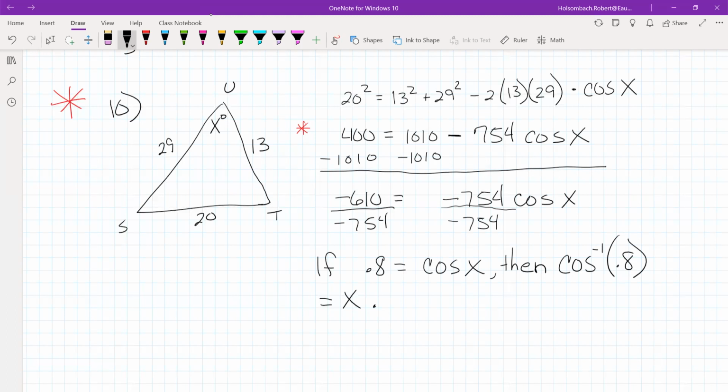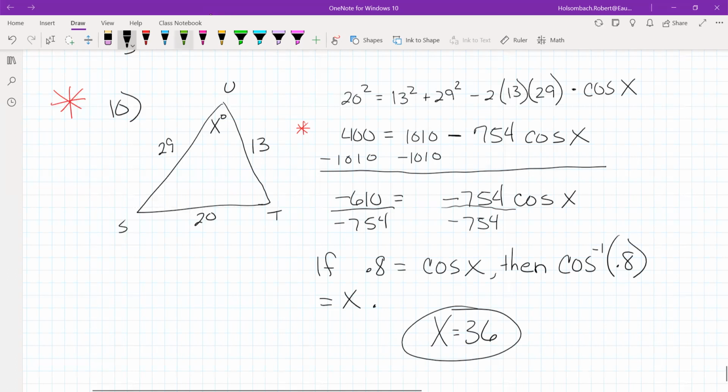So we take the 0.8 that's sitting in the calculator and we go second cosine and hit equals, and our X equals 36. So that is a 36-degree angle there.